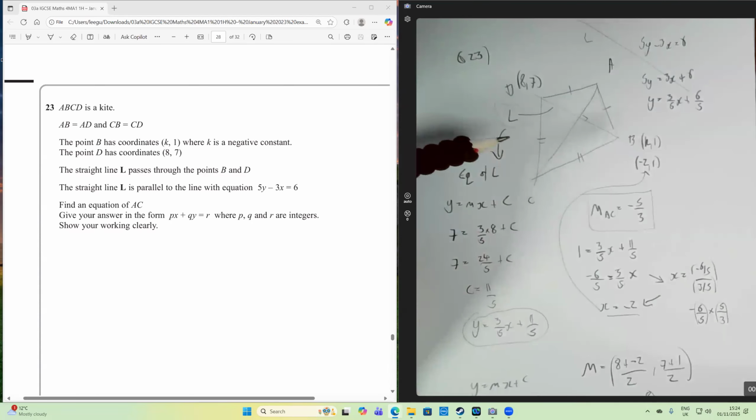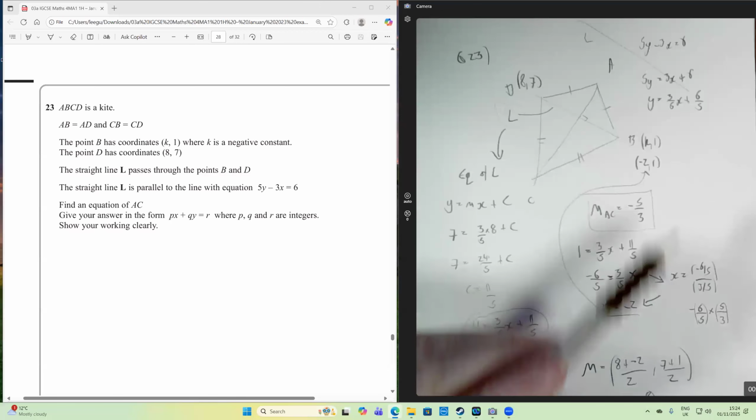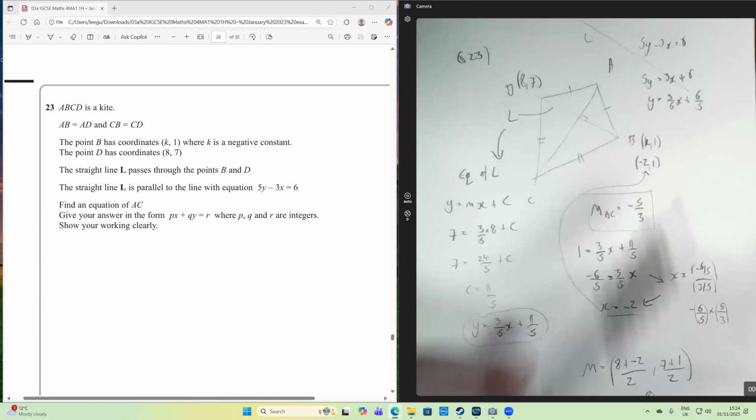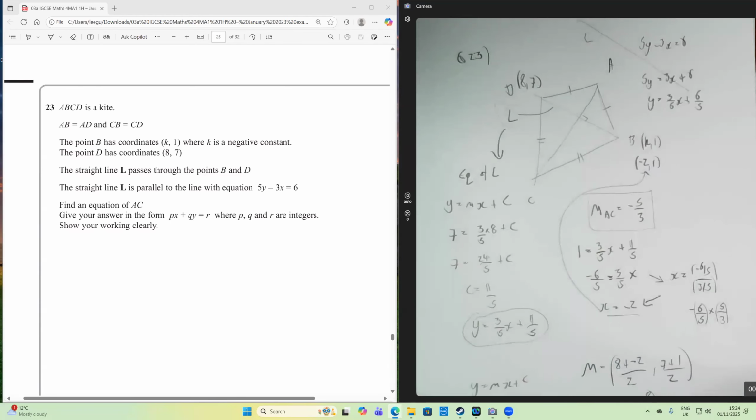But it doesn't matter, because it'll all come out in the wash with the algebra. So the fact that my diagram's got the K over here is not going to be particularly a problem.